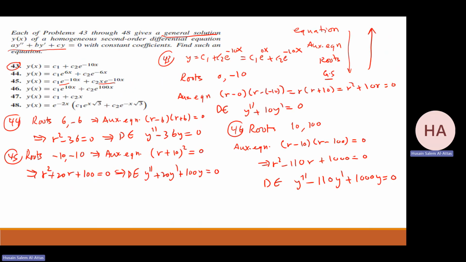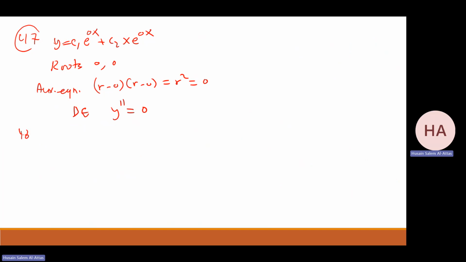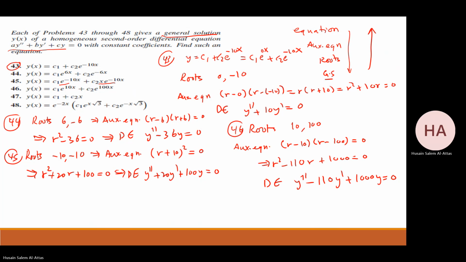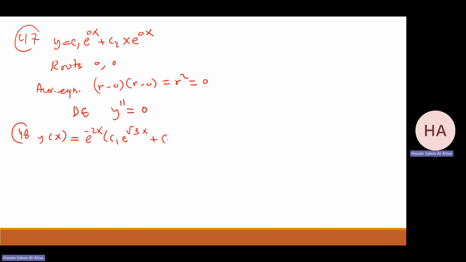Last one, 48. Yeah, I need to rewrite it. y of x is e to the power minus 2x times c1 e to the power square root of 3 x plus c2 e to the power minus square root of 3 x.